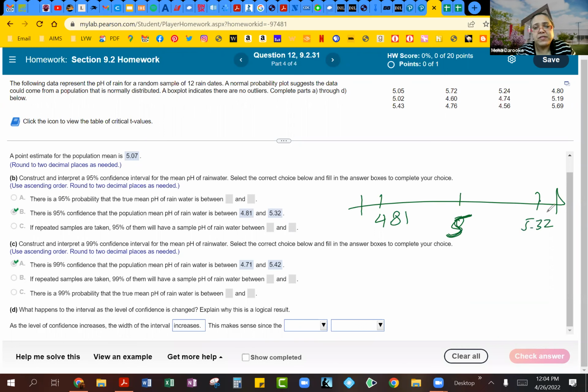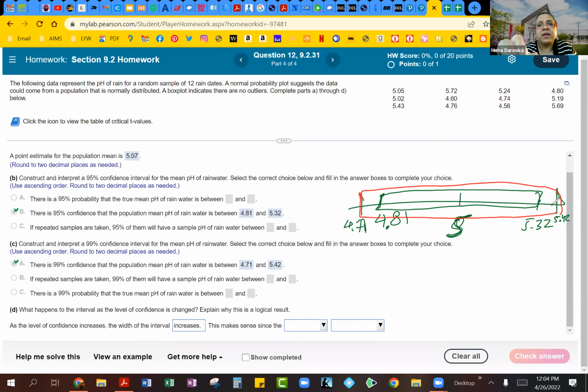Now you're going to 4.71, which is of course going to be smaller than this. And then 5.42 is going to be bigger than that. So this was your original interval. And as you can see, when we change that to 99%, that interval has increased. So that's the comparison they're having you make here.